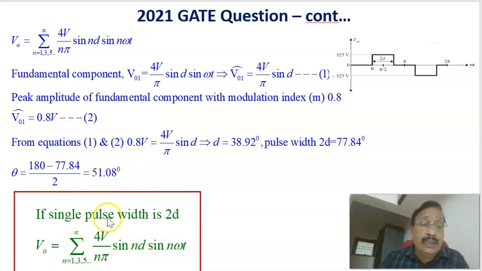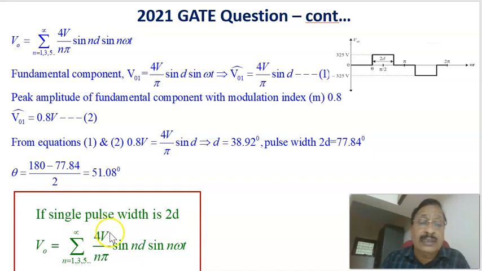That's the answer. Now, just to remember, if there is a single pulse type of waveform here, this equation can be remembered. That is, the output waveform can be written as the sum over only the odd harmonics 1, 3, 5, etc., of 4V by n pi sin nD sin n omega t.